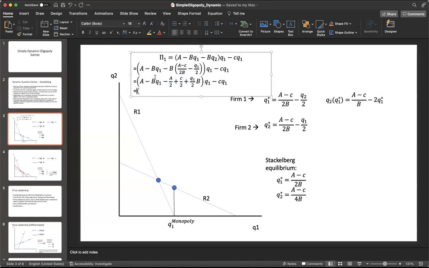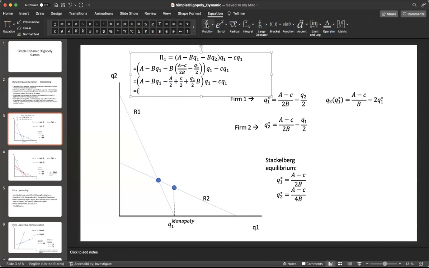Kayo rin, nauusi rin kayo dyan. Fraction equation. And then yung C, ano siya? Wala naman kasi wala ka naman mama-minus dun. So it's still gonna be plus C over 2, which you can actually simplify to A plus C over 2. But what happens most importantly to this Q1? So here you have a minus B Q1, and then here you have a positive Q1 B over 2. What happens to that?